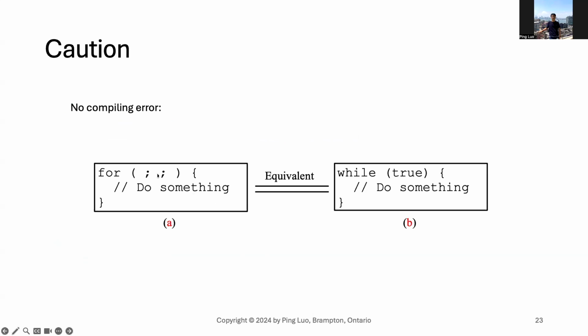By the way, this is actually correct, even though nothing is here. Sometimes you just want to make it easier and you don't want to finish the for loop. This one doesn't mean 0.